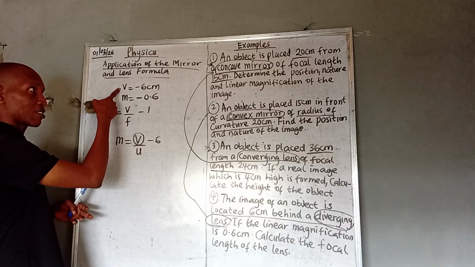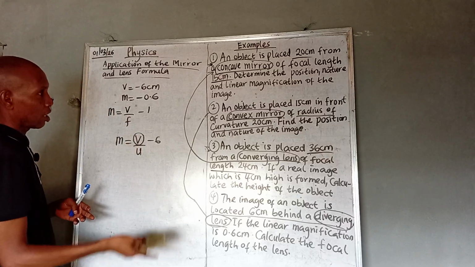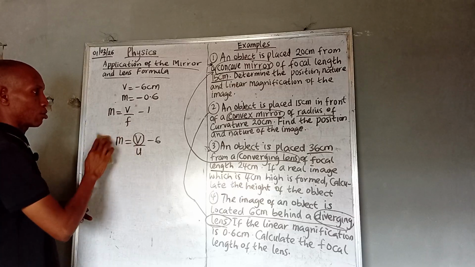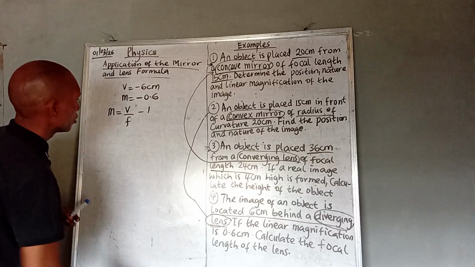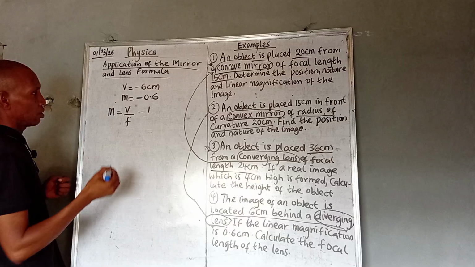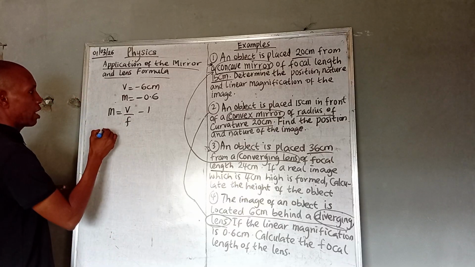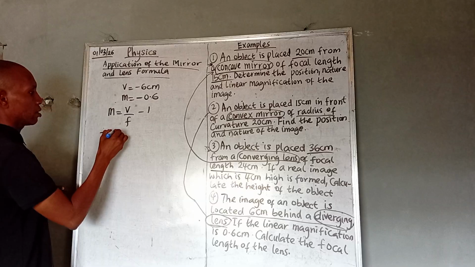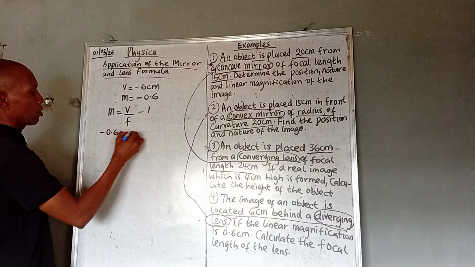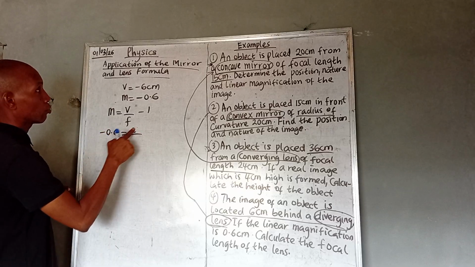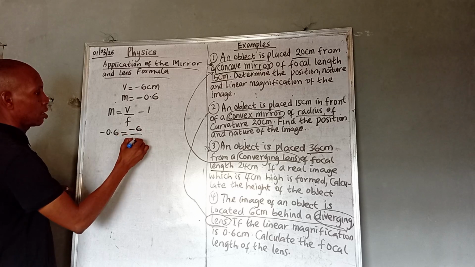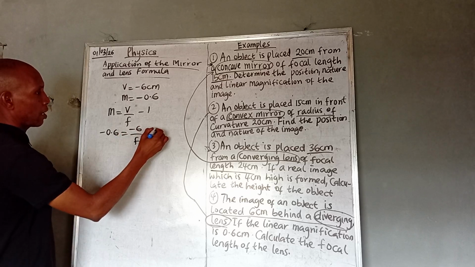So let's put in the values so we can get the focal length of the lens. We have minus 0.6 is equal to, I beg your pardon, minus 6 all over F minus 1.